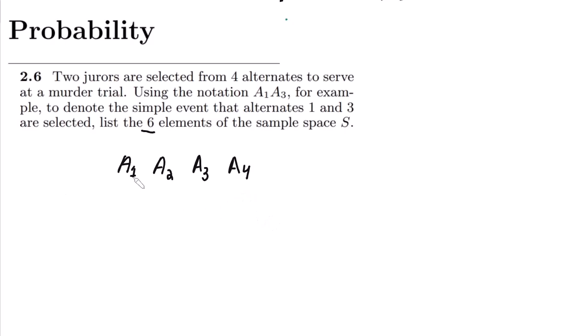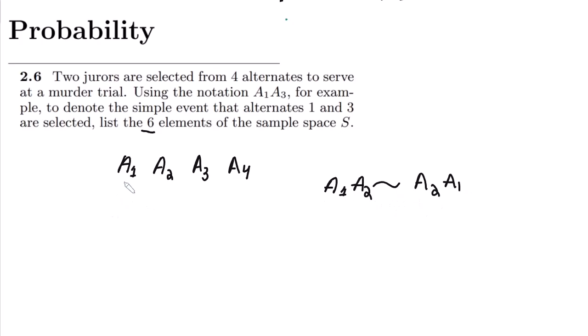These are basically the 4 jurors, and for them I have to select any 2, and the selection process has to be such that A1A2 is equivalent to A2A1. What does it mean? That the order doesn't matter. Selecting jurors A1 and A2 means the same as A2 and A1, and that is what we have to do.